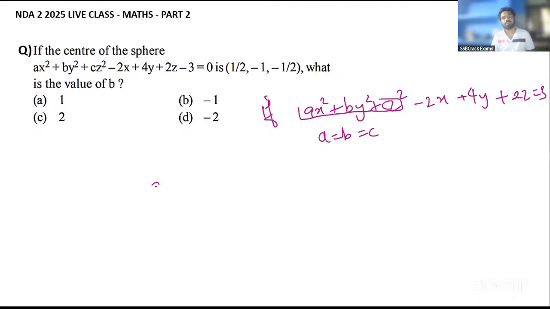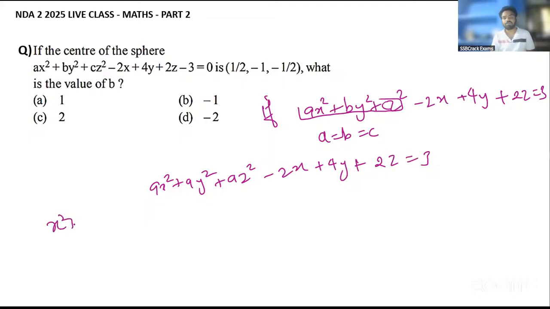Then it is ax square plus ay square plus az square minus 2x plus 4y plus 2z is equal to 3. Now divide the whole equation by a. Then what will you get? x square plus y square plus z square minus 2 upon a x plus 4 upon a y plus 2 upon a z, and it is 3 upon a.